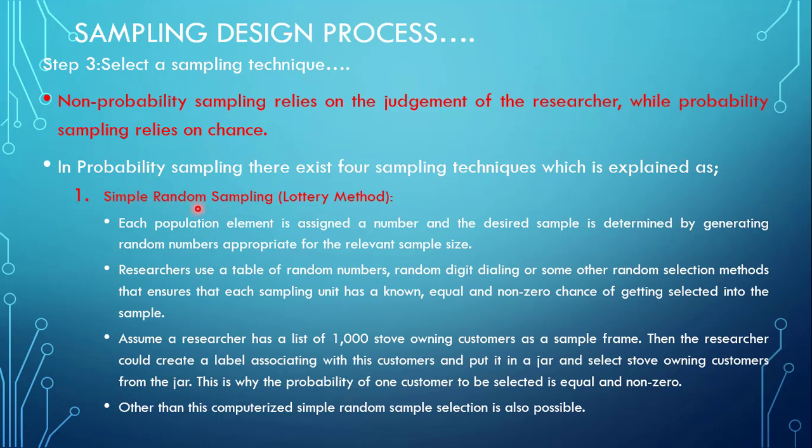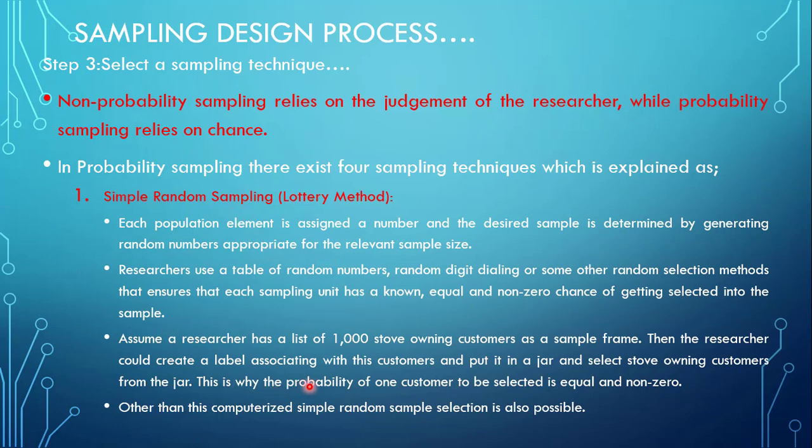So it is known as simple random sampling. It is a kind of lottery method, like how lottery winners are drawn from a jar, so that's why it is known as lottery method. So this is one approach in probability sampling.